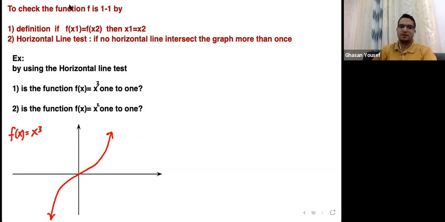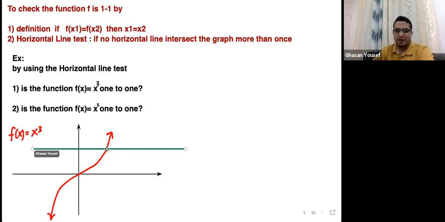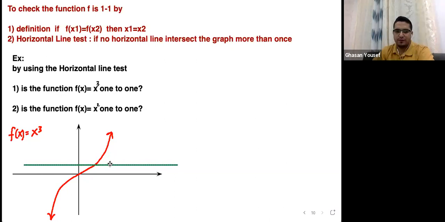Now we should check if this function is one-to-one or not. First of all, we graph a line like this, and we check if this line intersects the curve at only one point or not. Look, if I move this green line above the function f of x equal x cubed for all values of x, I will see that the horizontal line intersects the curve at only one point. Do you see?